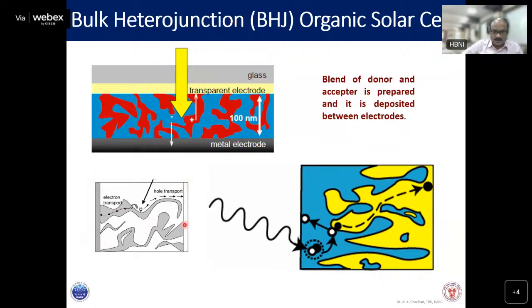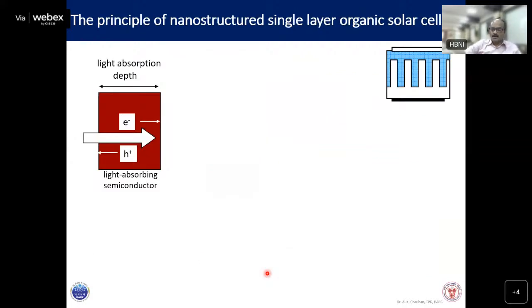So these are electrodes, and the hole moves through this white material, and the electron moves through this gray material. Now, you need to increase the contact area between donor and acceptor. So what is the ideal situation?